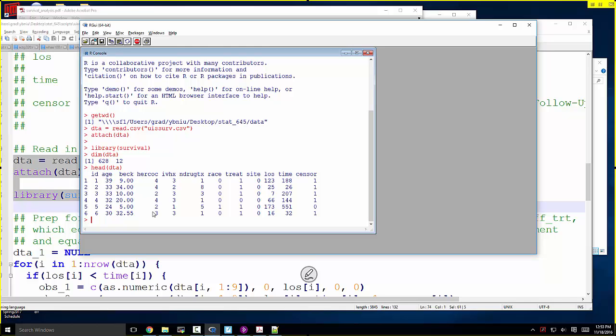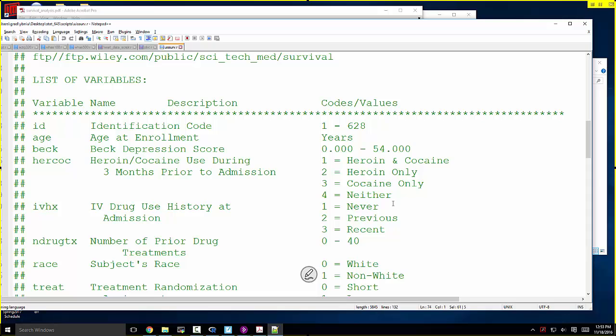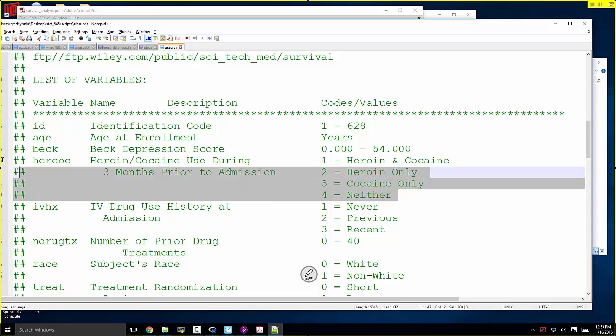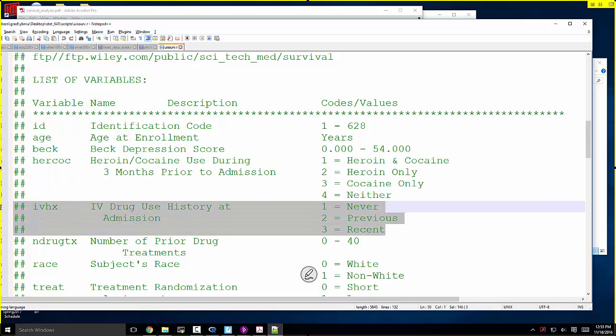So those numbers, this is a categorical variable, and it tells us in the 3 months prior to admission, if you used heroin and cocaine, this is coded as 1. If you used only heroin, it's coded 2. Cocaine only, it's 3. And neither is 4. Similarly, the IVHX, IV history variable, is categorical.